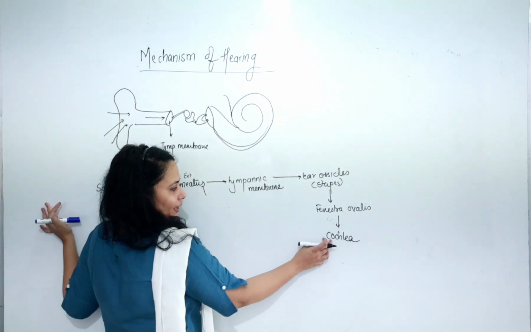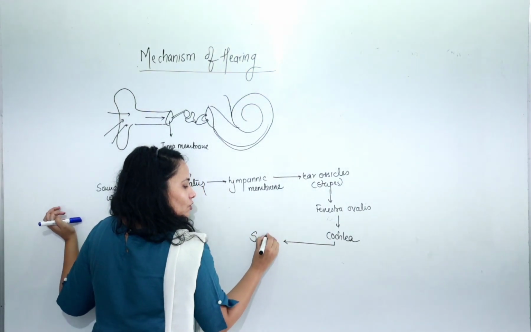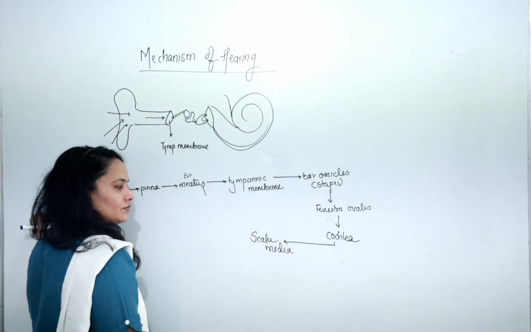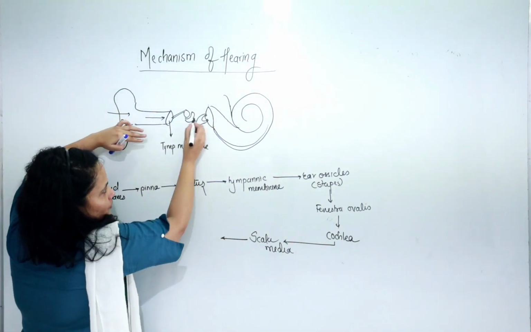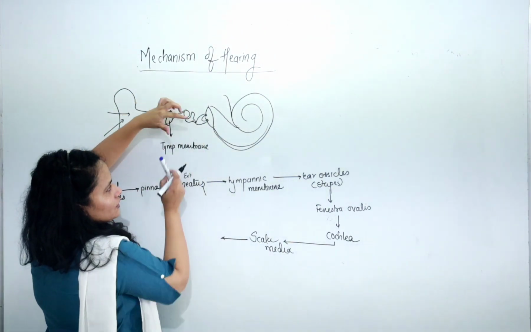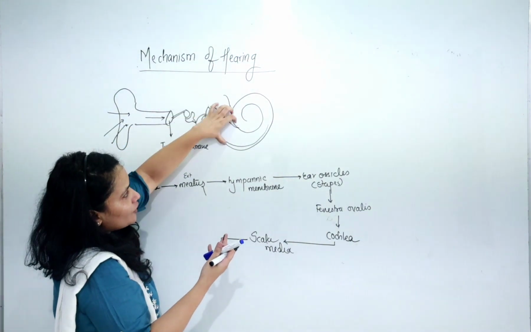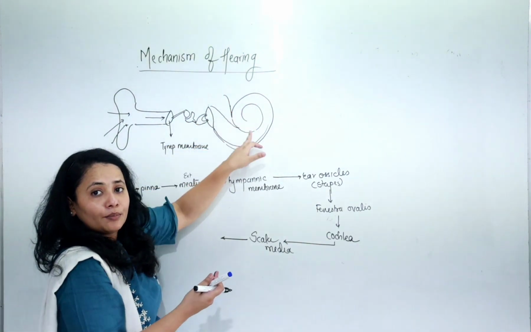After it goes to the cochlea, it goes to the scala media. And then the vibration goes over here, because the middle ear will amplify the sound 20 times and will push the vibration towards the inner side. So it will go to the middle chamber, known as the scala media.